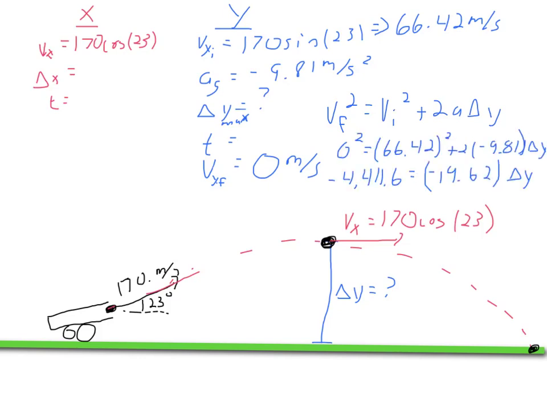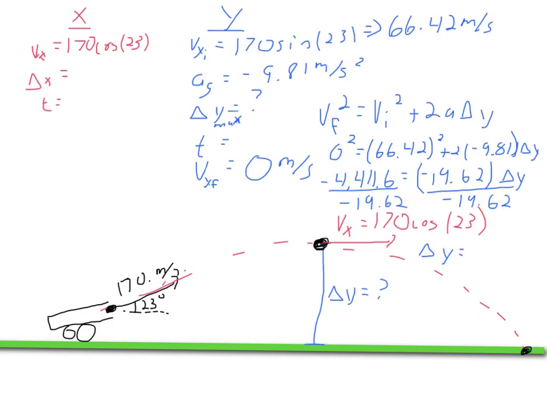Square my 66.42, subtract it over to the other side. 2 times negative 9.81 is negative 19.62, and then divide. You come out with 224 approximately meters. So with sig figs, because of my angle, 220 meters would be the final height.